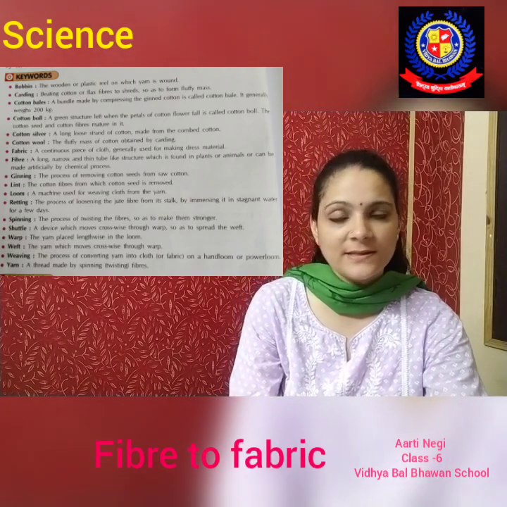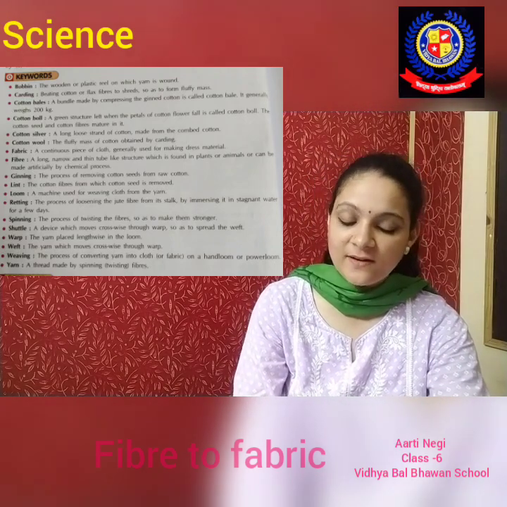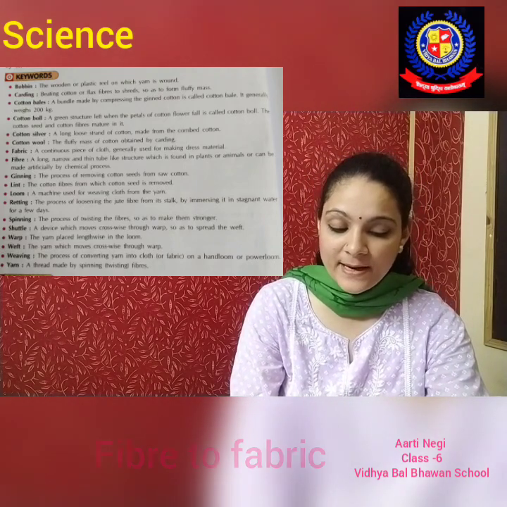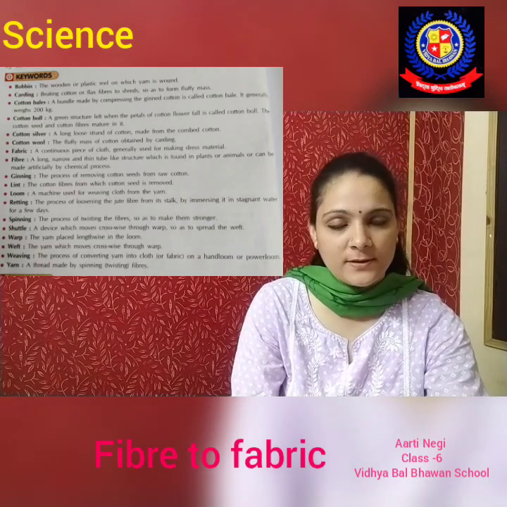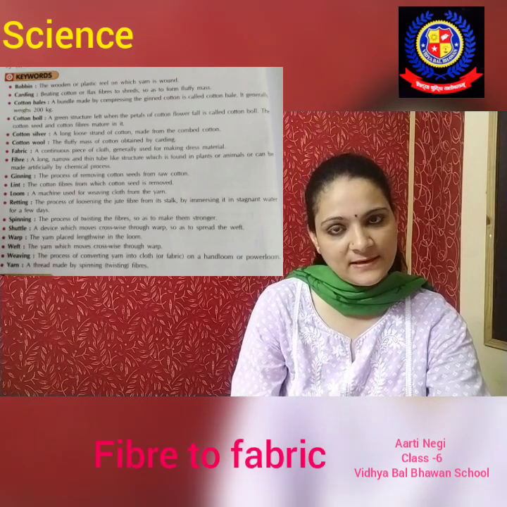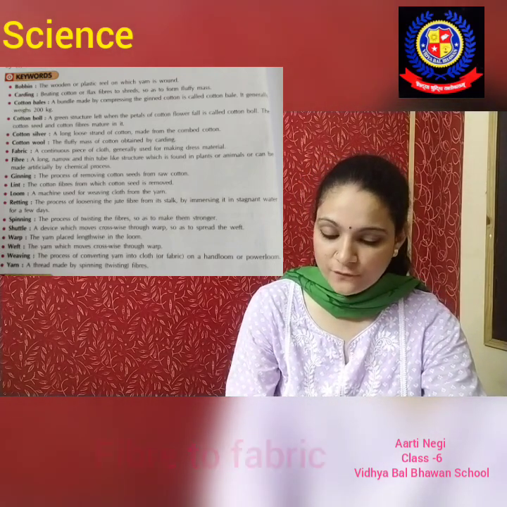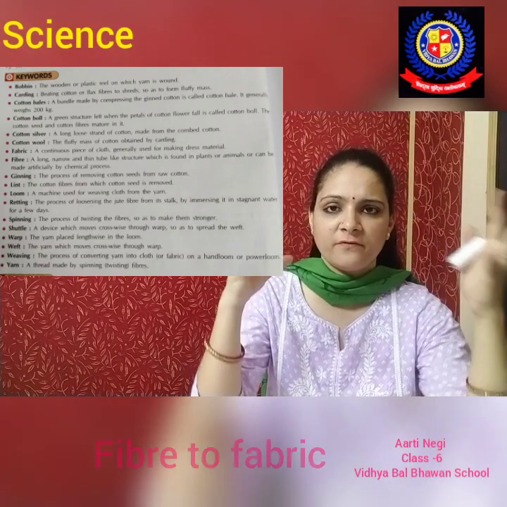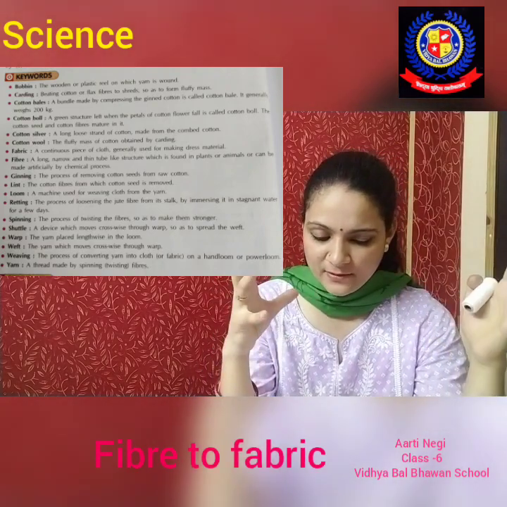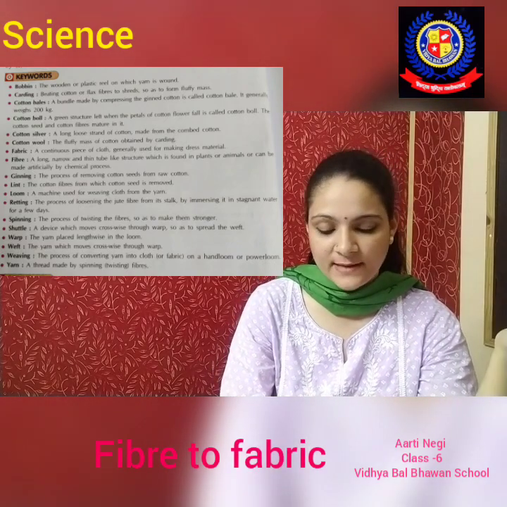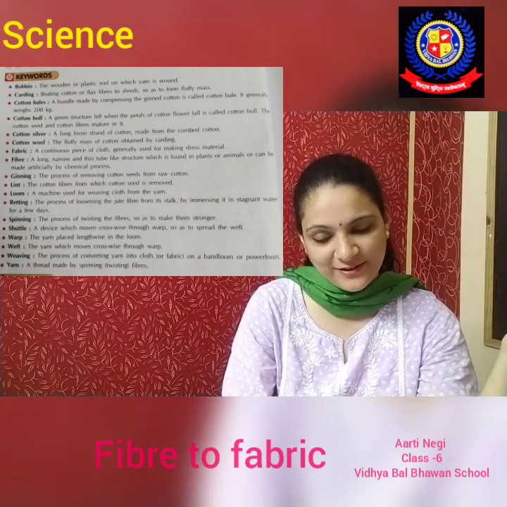Next one is cotton sliver. A long, loose strand of cotton made from the combed cotton, a single strand, is called cotton sliver. Next one is cotton wool, the fluffy mass of cotton. A very giant mass of cotton obtained by carding is called cotton wool.